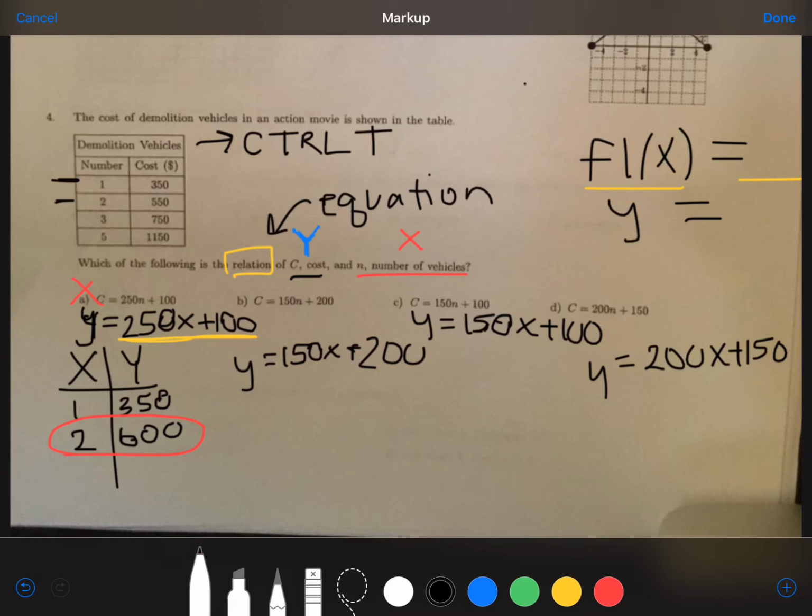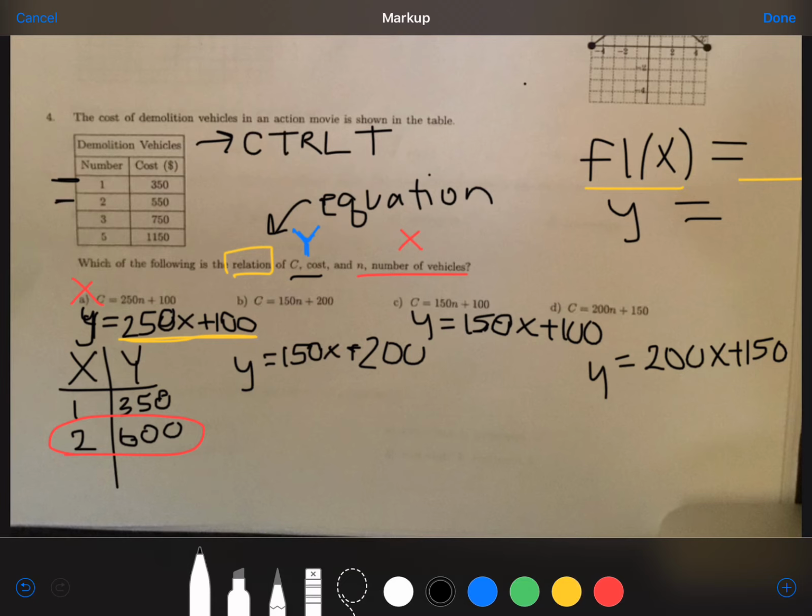We're going to go through and check the tables for each one of the answer choices until we find the right answer. So instead of starting all over, instead of doing Home, New Document, and all that, go back to your calculator. To get rid of the table, press Control T. Now you're looking at the graph. All we need to do is change that equation that we first put in. So press Tab and go up.